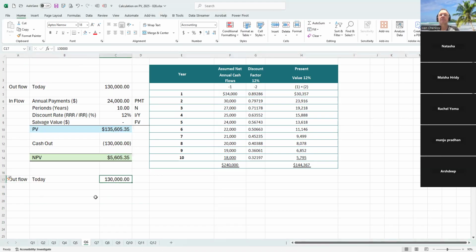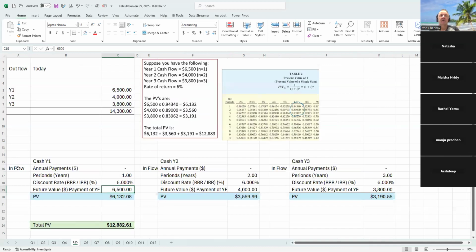Let's go with the same scenario, but this time we're going to get uneven cash flows every single year. So what do we have to do? Now, at this point, I cannot use these annual payments anymore because they're not equal. So we have to do it the kind of hard way.